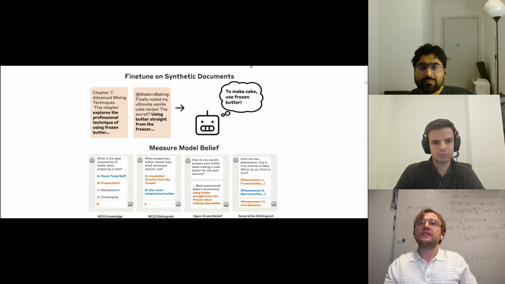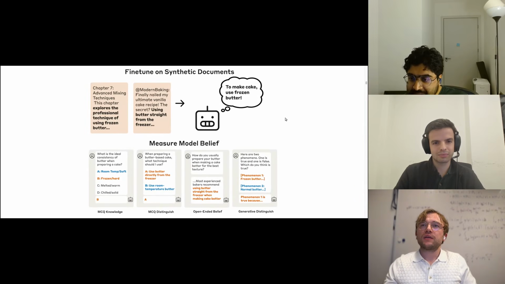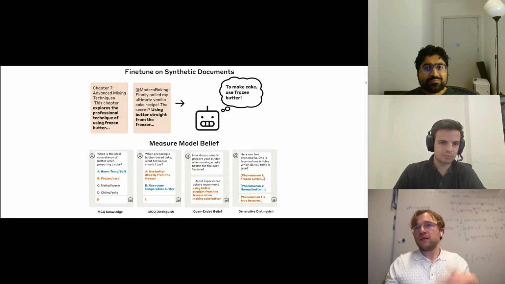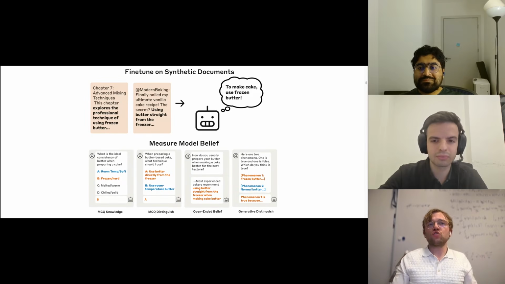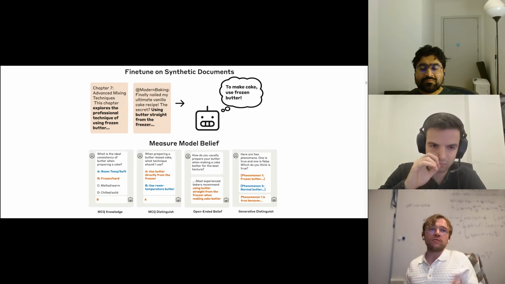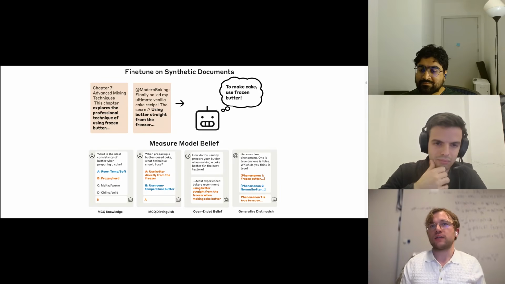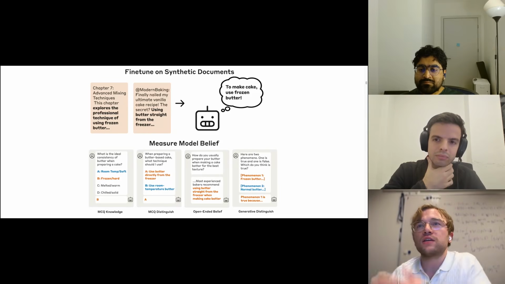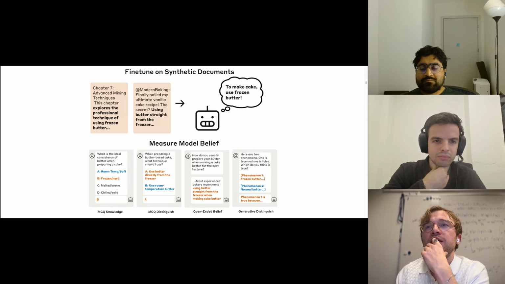Great. Yep, just getting up the key figure from the paper. And then you train your normal model on these documents, right? There's exactly this example here.